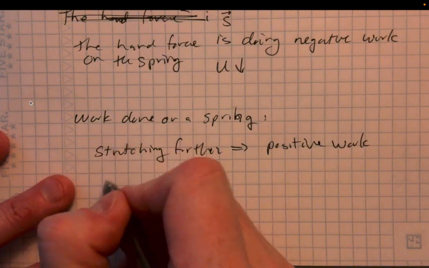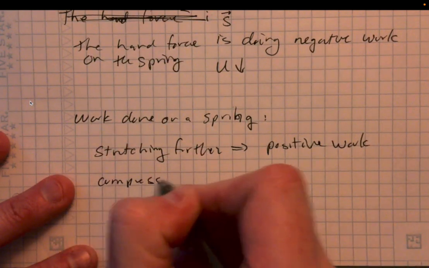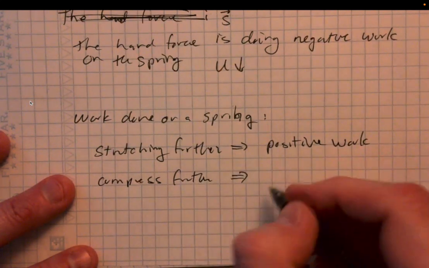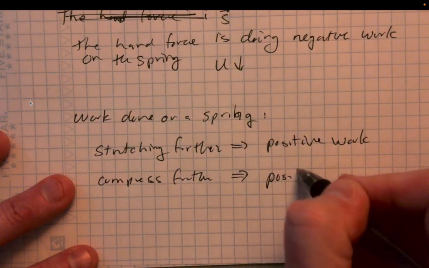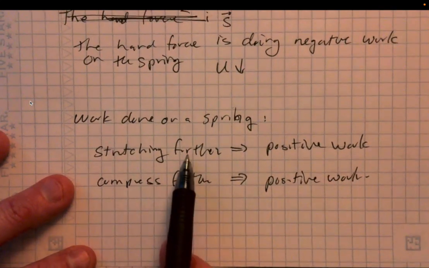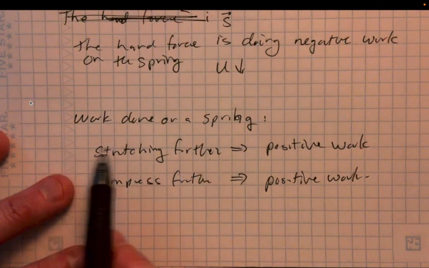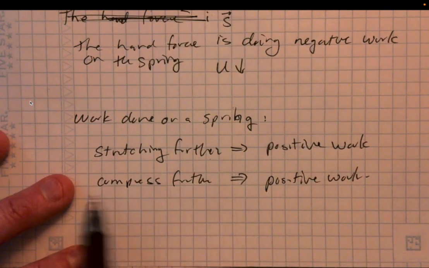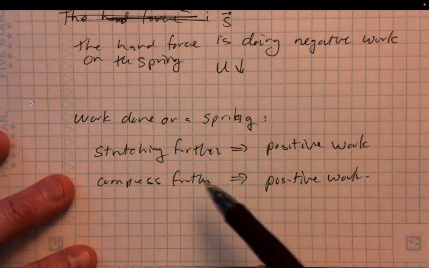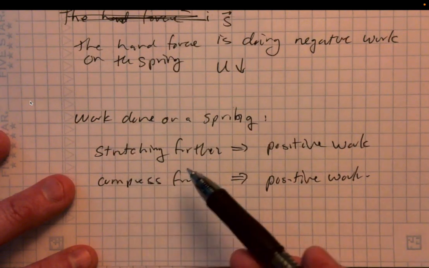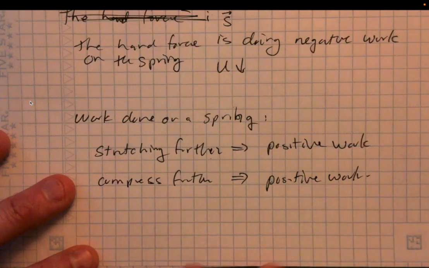And if we compress it further, right, if we compress it further, that also implies positive work. Stretching further means you're beyond the resting state. You've stretched it beyond that, and you stretch it further, you're doing positive work. Compress further means you've already pushed it in a little bit, now you're compressing it further. And if you compress it more and more, positive work will result.